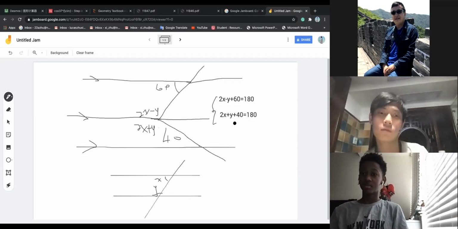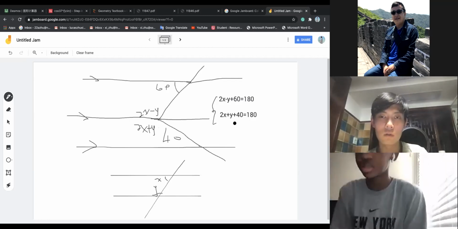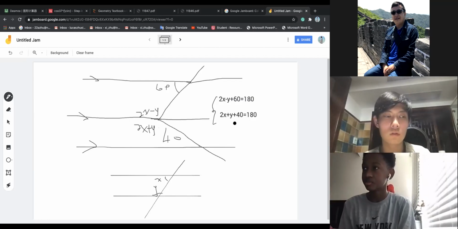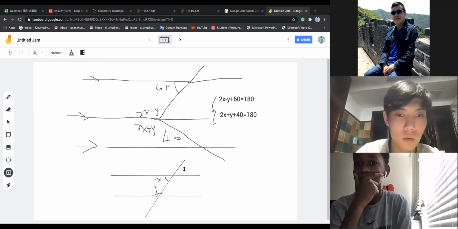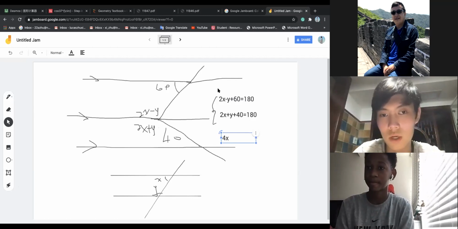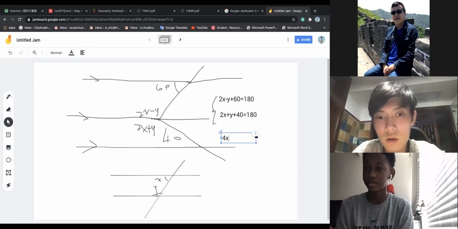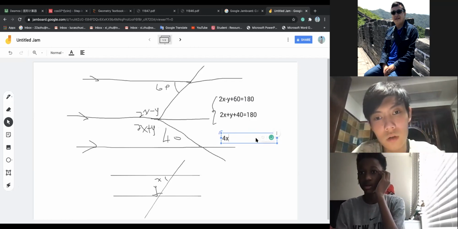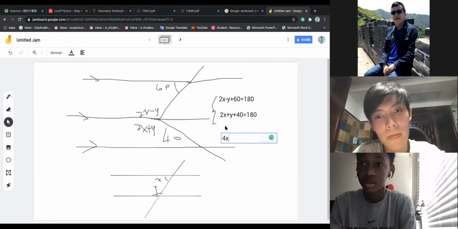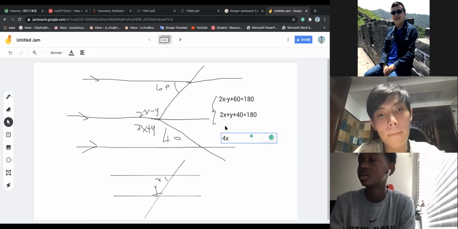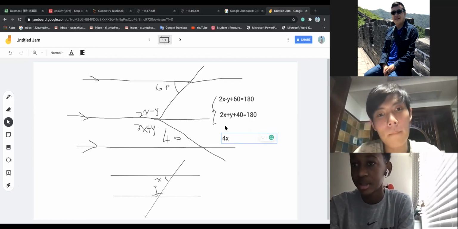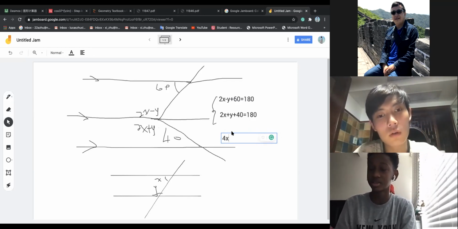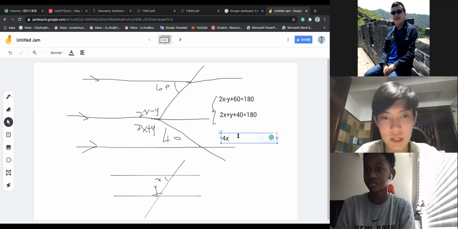I think you add both x's and put together both x's. So 2x plus 2x gets 4x, right? And then what do you do? I think you add the top number and the number at the top. So you add 60?